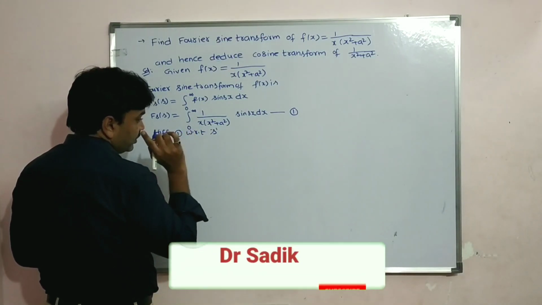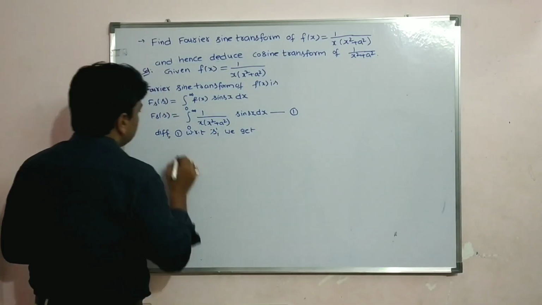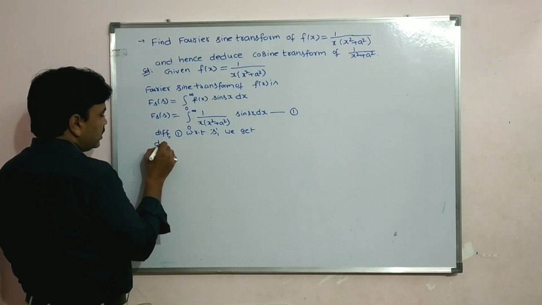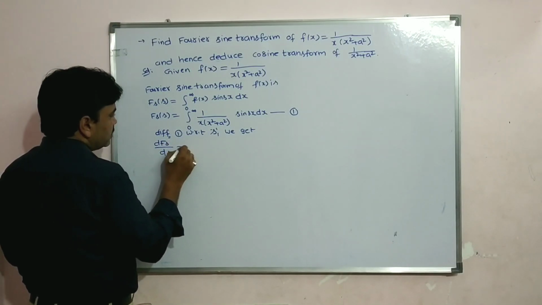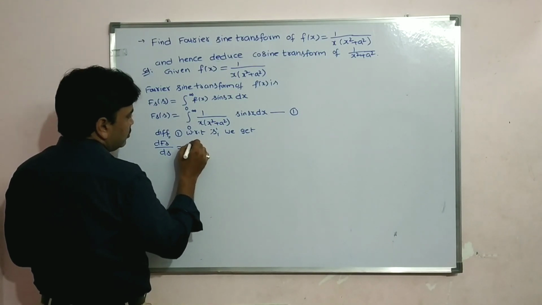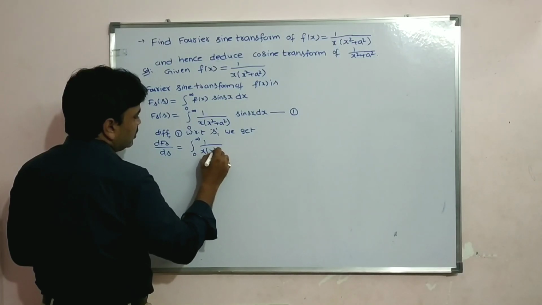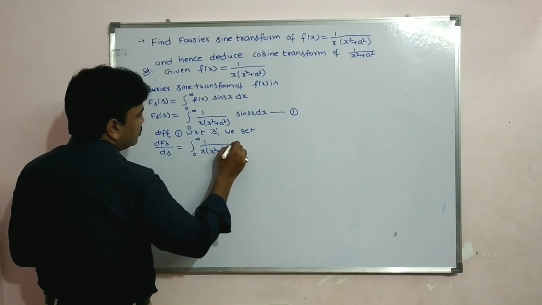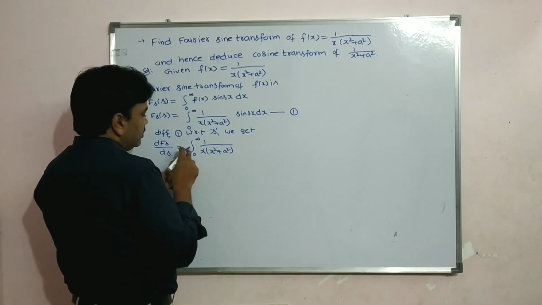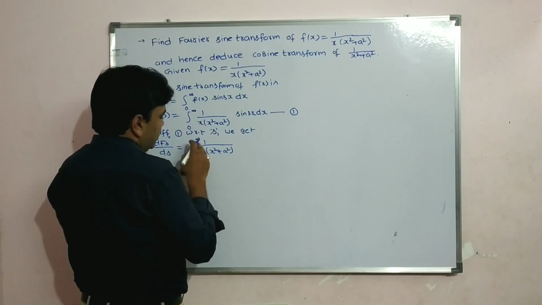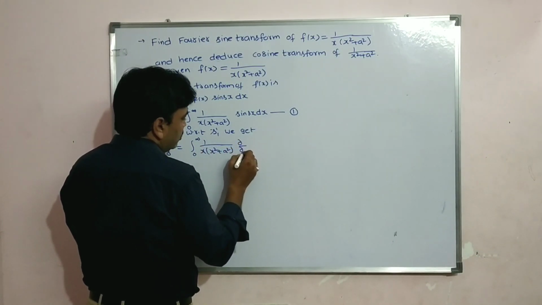We get dFs by ds equal to integral 0 to infinity 1 by x into x square plus a square into, whenever we take d by ds inside the integration, it becomes dou by dou s.